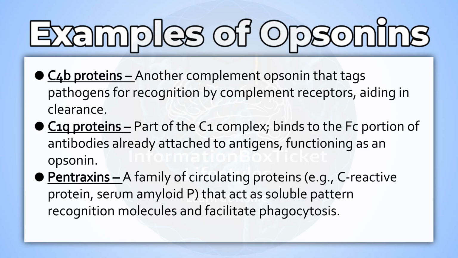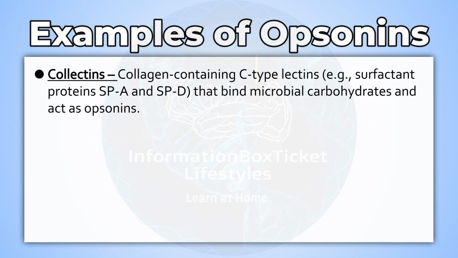Pentraxins, a family of circulating proteins, e.g. C-reactive protein, serum amyloid P, that act as soluble pattern recognition molecules and facilitate phagocytosis. Collectins, collagen-containing C-type lectins, e.g. surfactant proteins SPA and SPD, that bind microbial carbohydrates and act as opsonins.